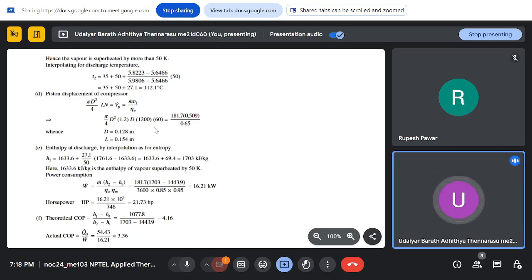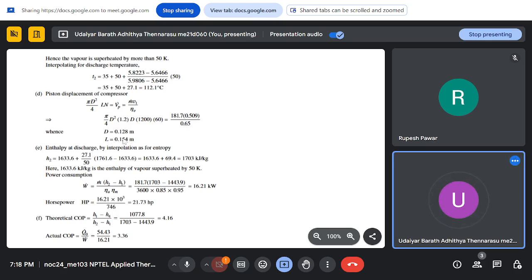Converting in terms of hour, it will be multiplied by 60, because your mass flow rate is in kg per hour, so you are converting rpm into per hour. Therefore from this we can find out the diameter as 0.128 meter. The length is 1.2 times this, so length is 0.154 meter.